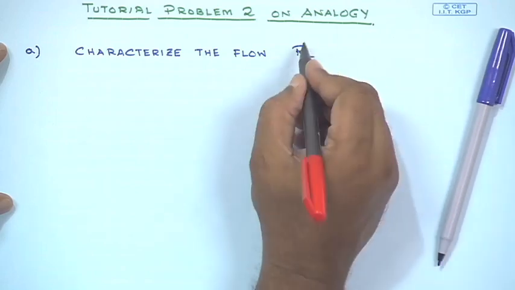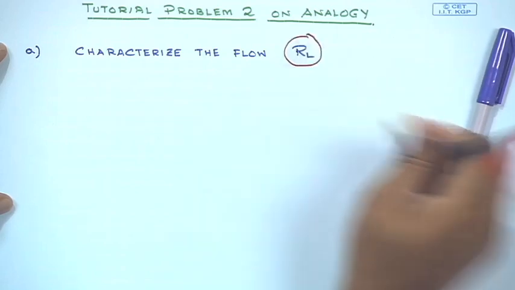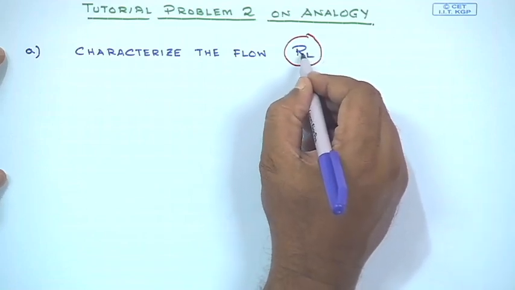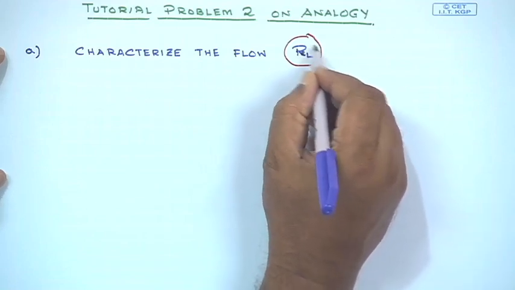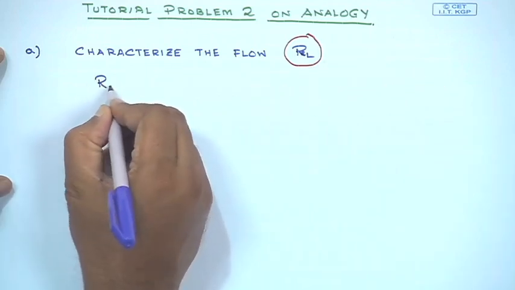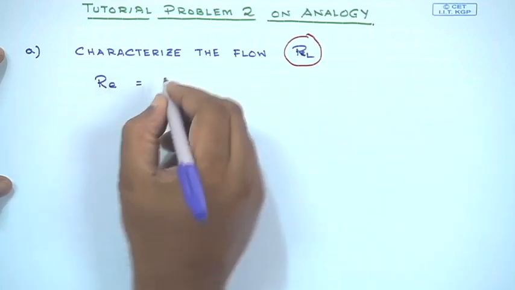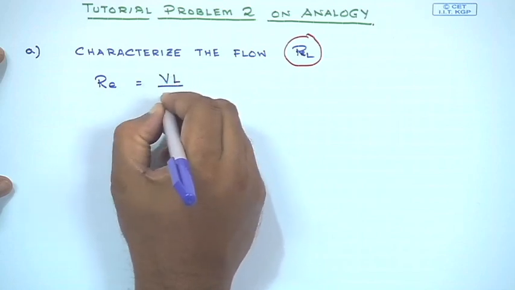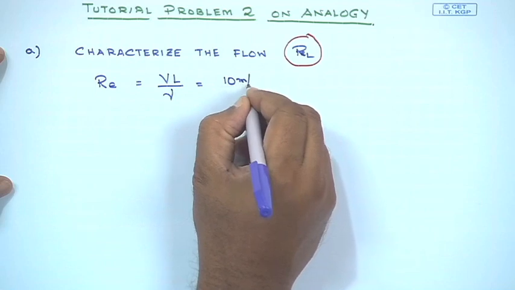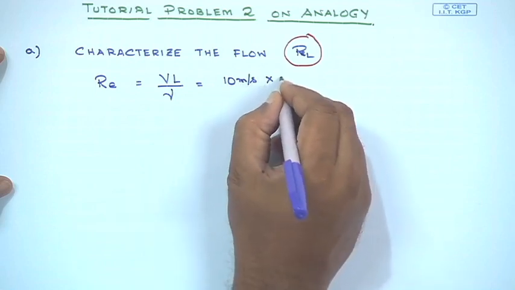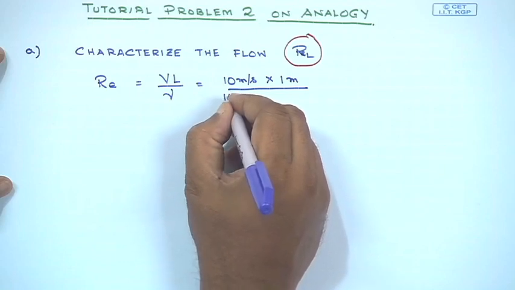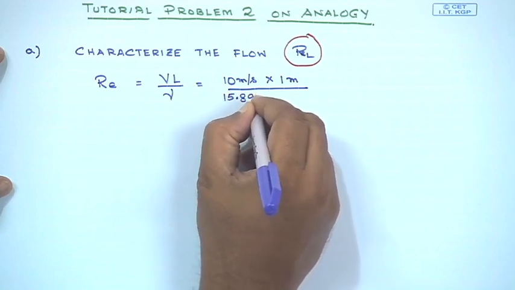So, the Reynolds number is the one which characterizes the flow, and this Reynolds number is essentially based on the entire length of the plate. So, the Reynolds number therefore is going to be V times L by the kinematic viscosity. The V is provided as 10 meters per second, the length is 1 meter, and the kinematic viscosity is also provided.